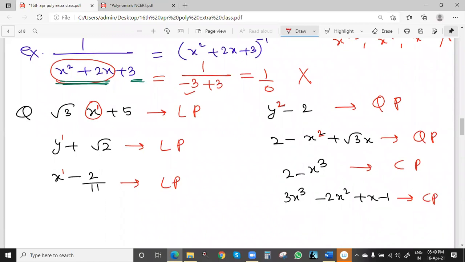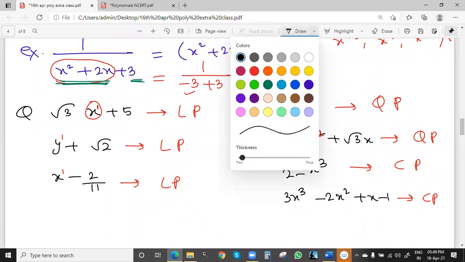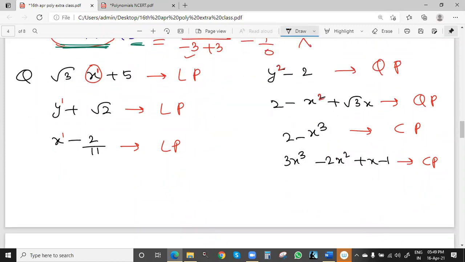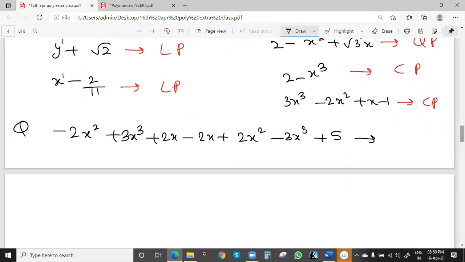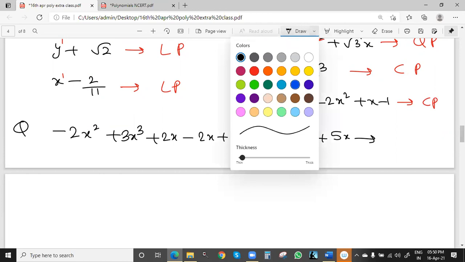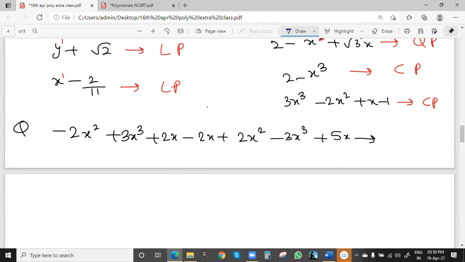Good. Last two questions, just the last 1 minute and the last two questions. Suppose we have this question, carefully try to solve. What will be the degree? We had 4 options: linear, quadratic, cubic, or biquadratic.